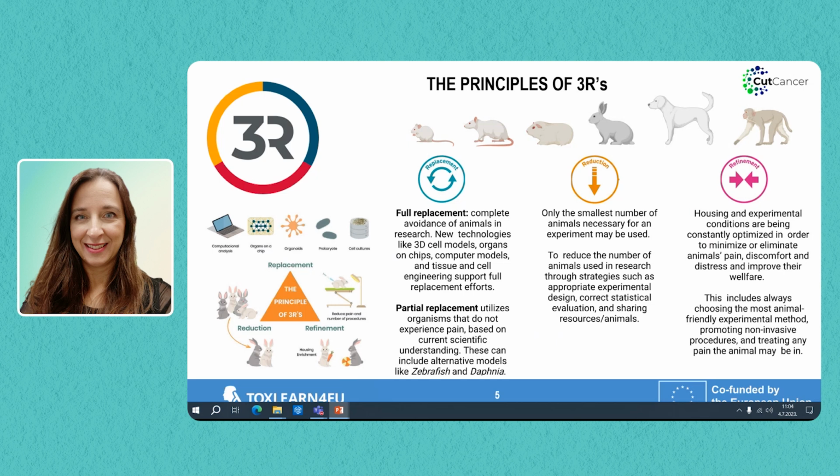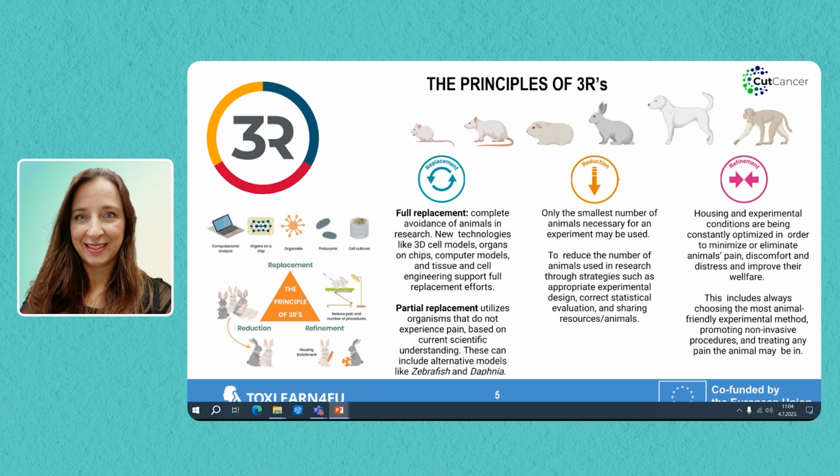This means that we use a smaller number of animals for the experiments, and all the experiments are designed in advance so that we use as much as possible out of every animal. And we also use the correct statistical analysis evaluation, and of course we share the results from each animal.